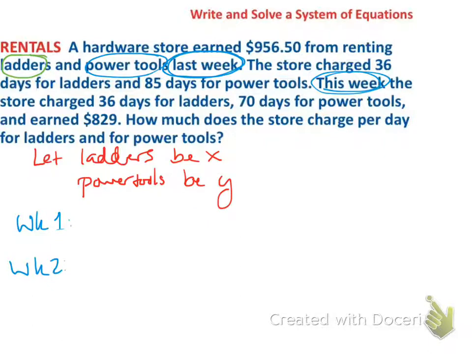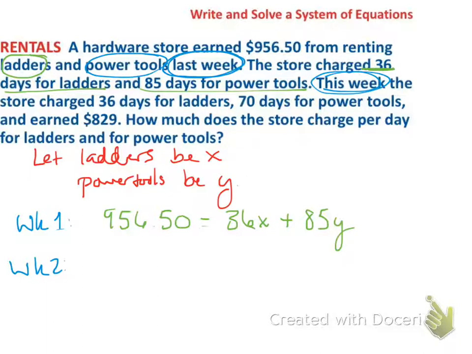So the first equation is a total of $956.50, and it is created by 36 days for ladders and 85 days for power tools. And our second week has a total of 829, and it has 36 days for ladders and 70 days for power tools.